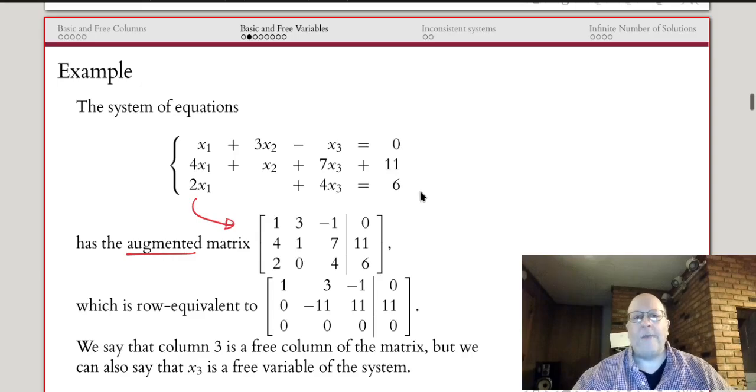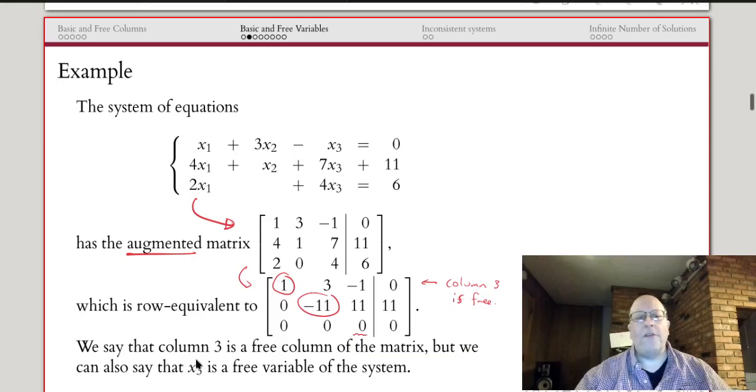And if we take the time to row reduce that, this matrix is the echelon form of the matrix that's above it. And we have leading entries in columns 1 and 2, but we don't have a leading entry in column 3. So we could say that the column of this matrix is free.